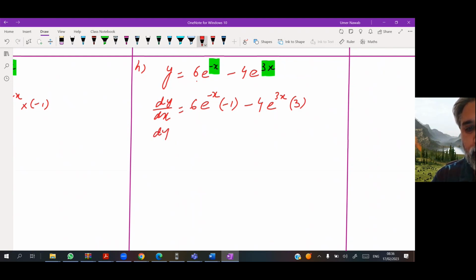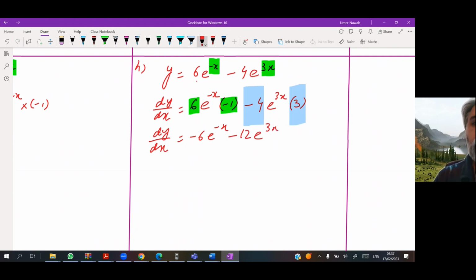Now simplify. This 6 and this minus 1 multiplied together gives you minus 6. This minus 4 and 3 multiplied together, minus 12. And that's the final answer.